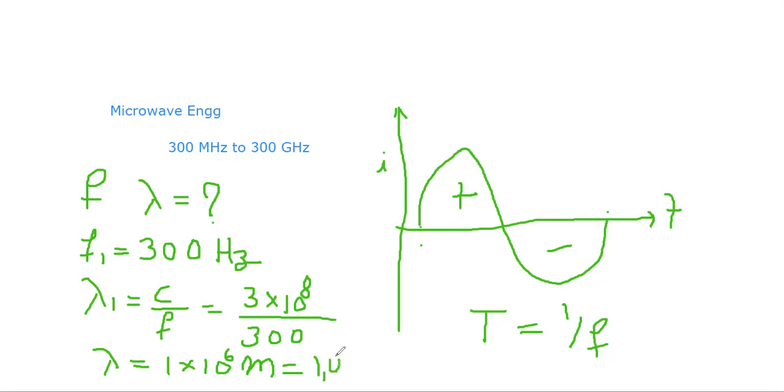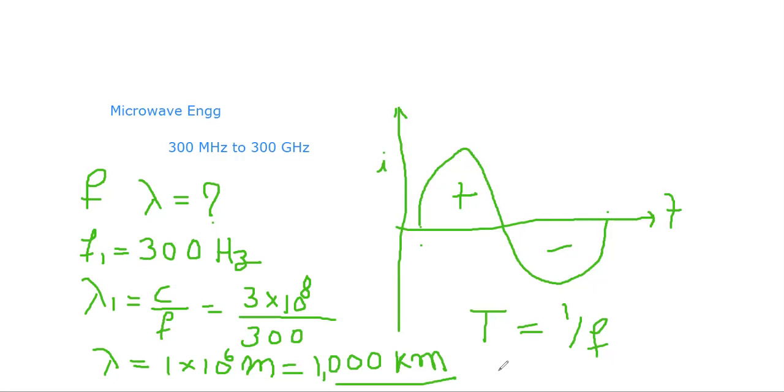So I'll put 3 zeros. And what is this? Instead of saying meter, may I say it is kilometer? Yes, sir. Okay, so this will be the kilometer. So I can write this in the kilometer unit. Now this is my unit.